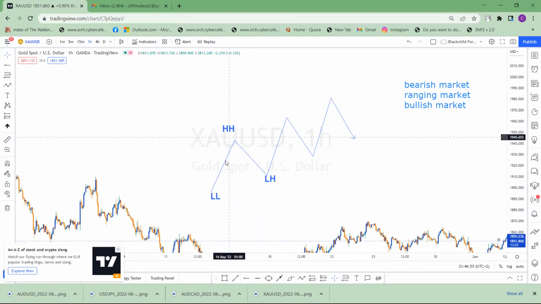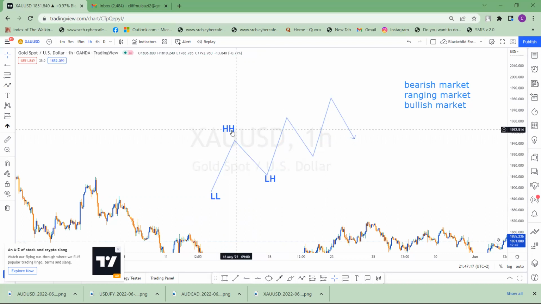When we say lower low, this is the lowest price of the market. When we say higher high, it's actually the highest price of the market, and then it will come back, but it won't come below this level. Because it doesn't come below this level, we're calling it a higher low, because it's low, but it's higher than before.